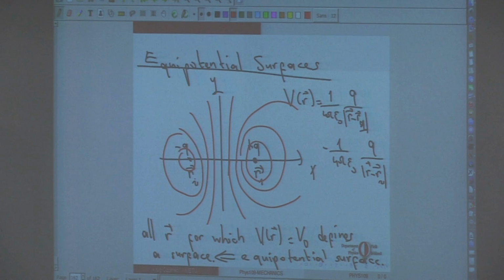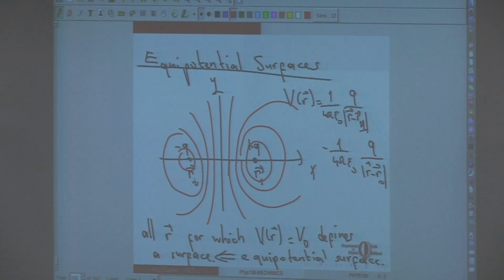Did you ever look at an actual map? Not Google Maps, but a real map. You have these lines on the map which mark the points which are at equal height. Now, these equipotential surfaces are just like that.